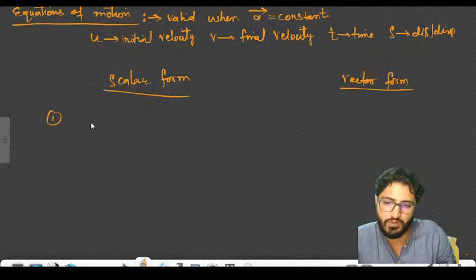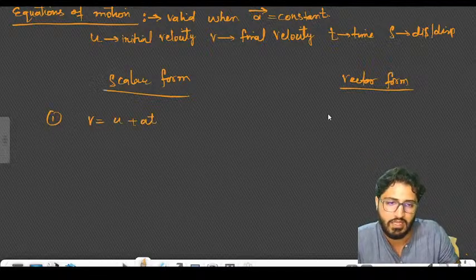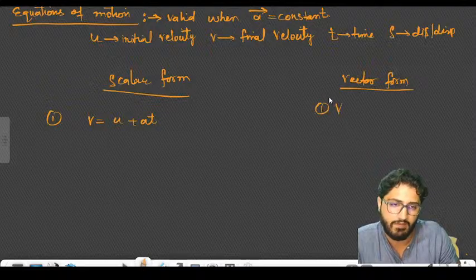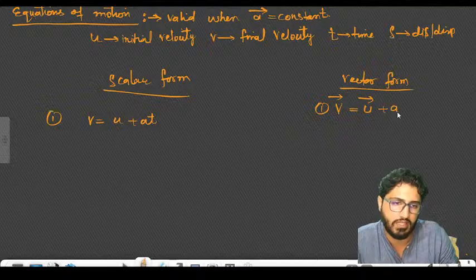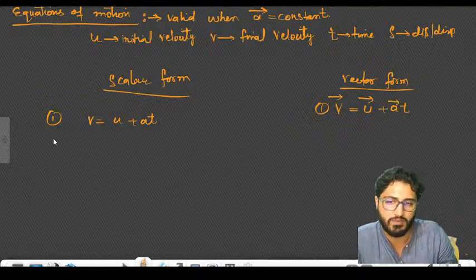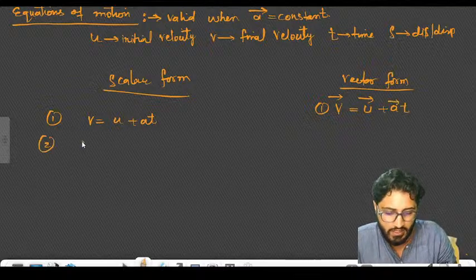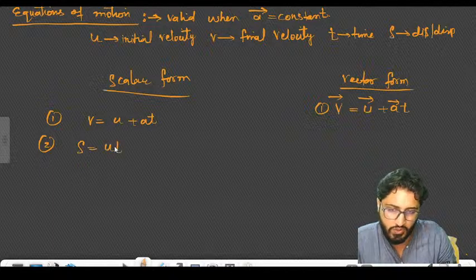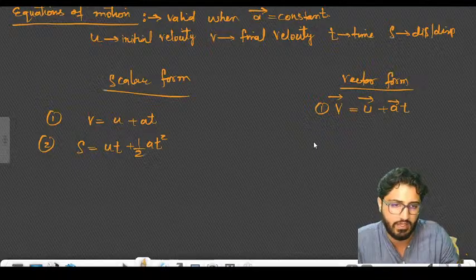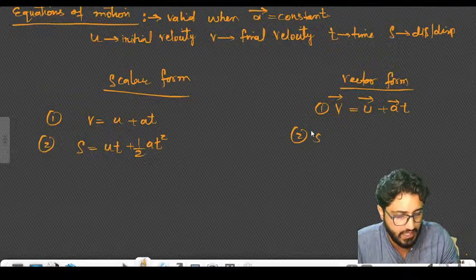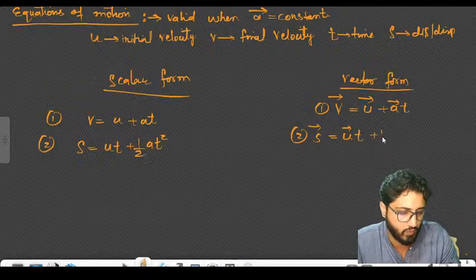First equation: v equals u plus at. In vector form, v vector equals u vector plus a vector t. Second: s equals ut plus 1/2 at square. In vector form, s vector equals u vector t plus 1/2 a vector t square.